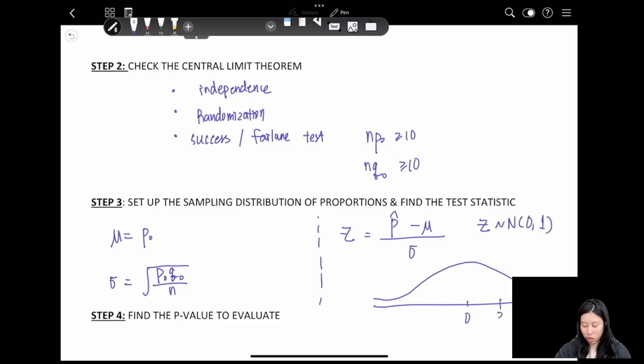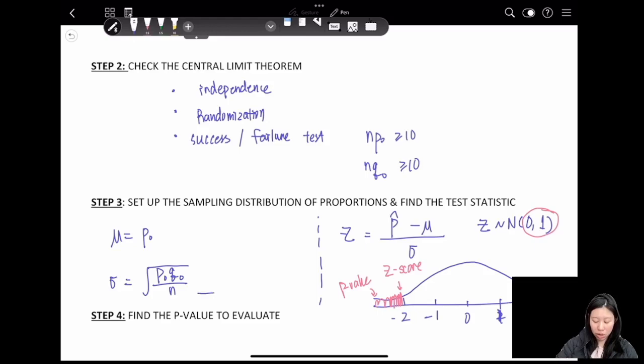So this is 1, 2, 3, negative 1, negative 2, and negative 3. So our z-score, if it appears to be here, that would be our z-score. And then we will have our p-value. When we put it in GeoGebra, you need to put mu equals 0 and sigma equals 1.